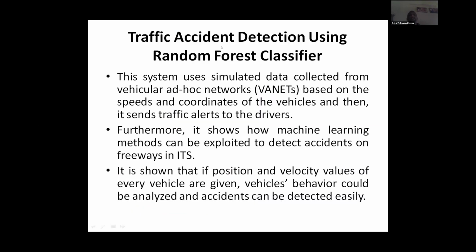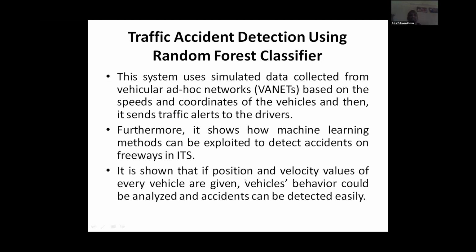So here, traffic accident detection using a random forest classifier. The system uses simulated data collected from vehicular ad hoc networks based on the speeds and coordinates of the vehicles, and then it sends traffic alerts to the drivers. Next, it shows how machine learning methods can be exploited to detect accidents in ITS.